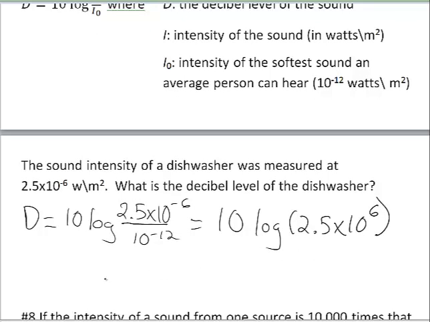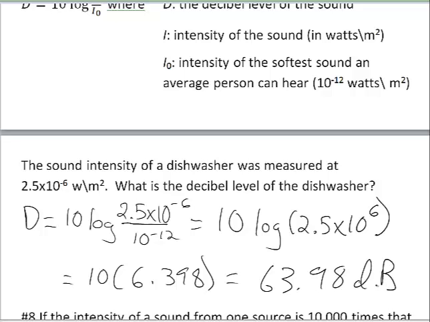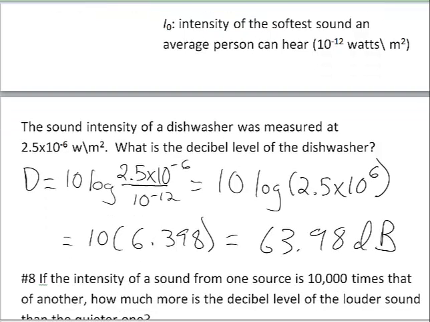If you take that log, you get 6.398, and multiplying it by 10 moves the decimal point like so. So a dishwasher is about 64 decibels. Okay? So that's all well and good.